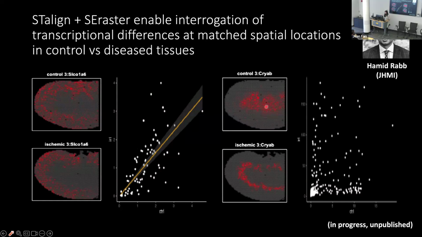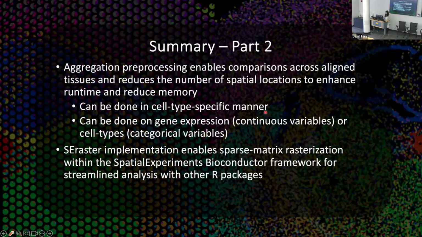But by looking at it in a spatially aware manner, we can appreciate that there's a real change in the spatial patterning of this gene. This is something we're continuing to work on, so hopefully I'll be able to share more in the future.